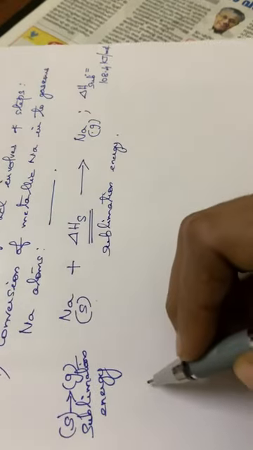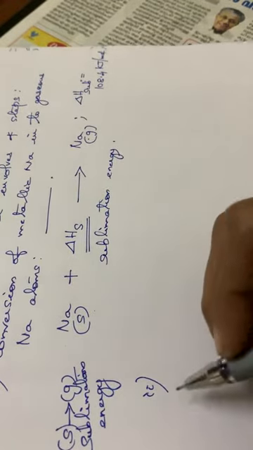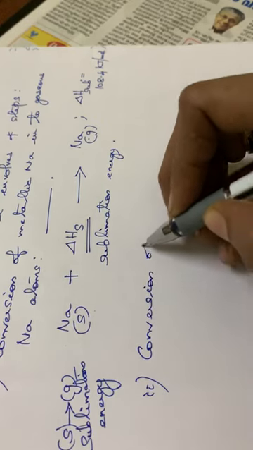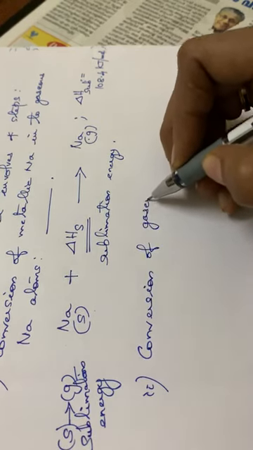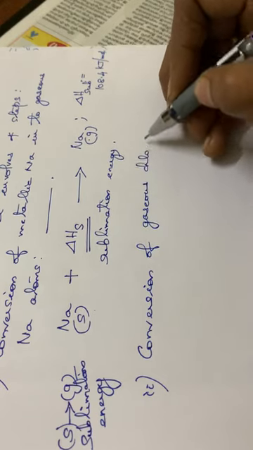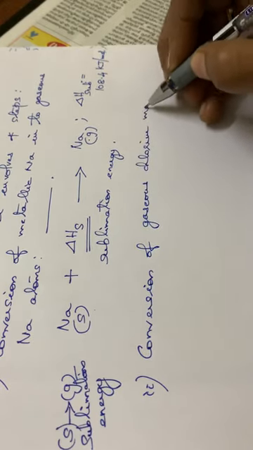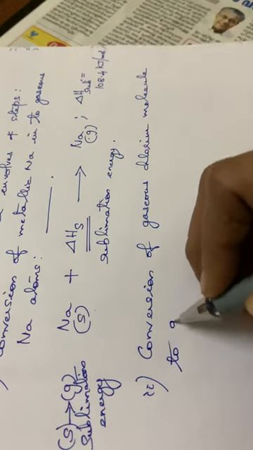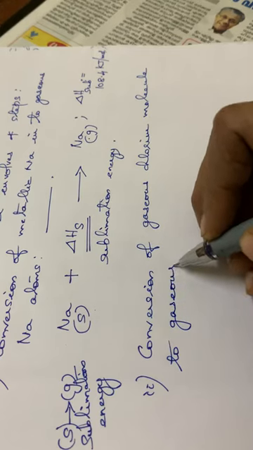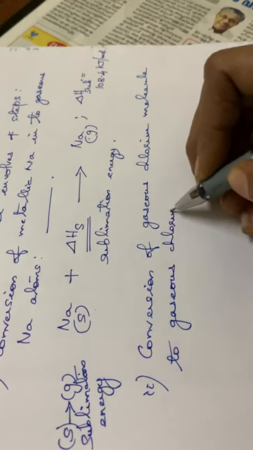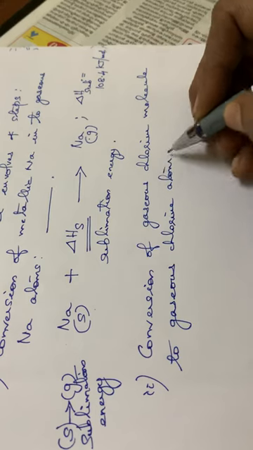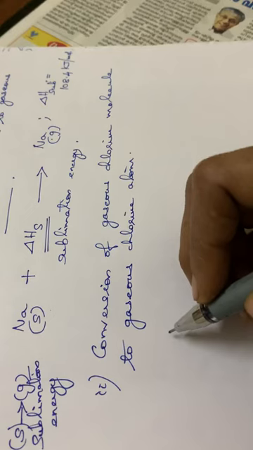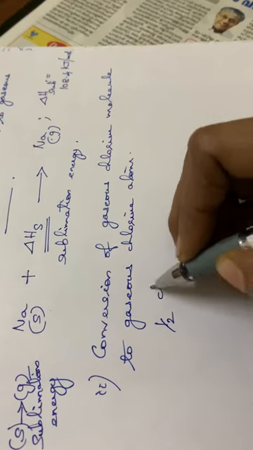Then in the second step, conversion of gaseous chlorine molecule to gaseous chlorine atom. Chlorine molecule means it will be Cl2, isn't it?